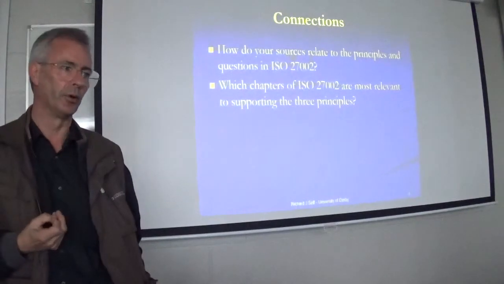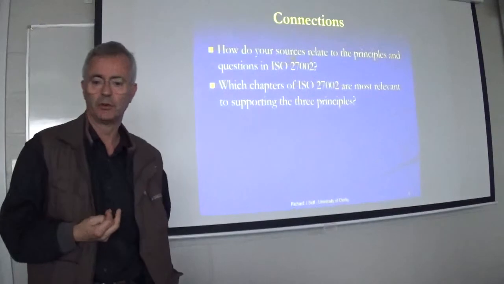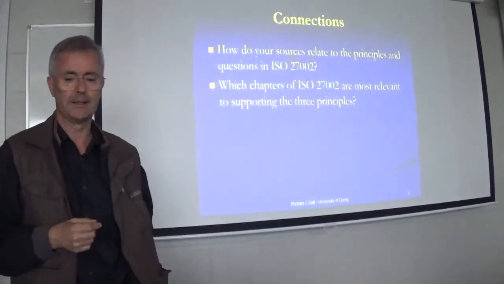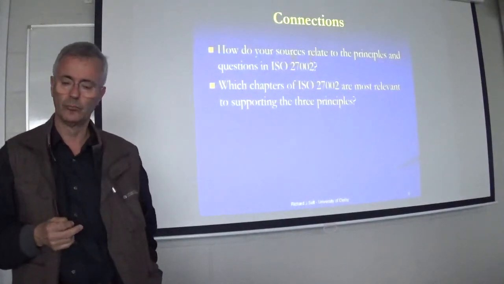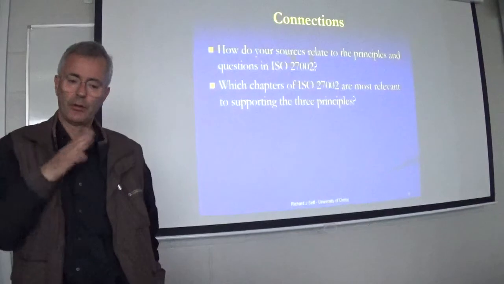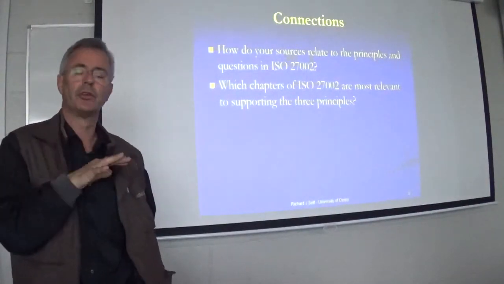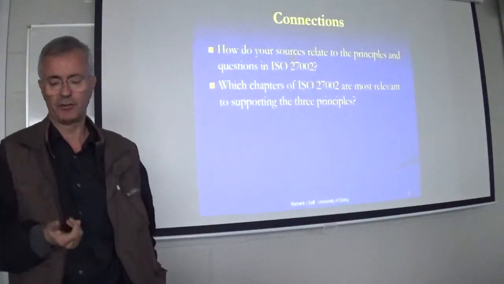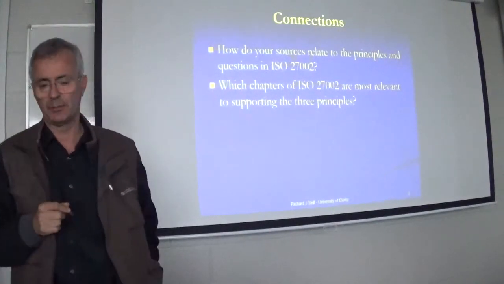So download a copy of it from BSOL, and you'll just have to search for 27002 in the little search box there in British Standards Online, and then you'll be able to download it. So first part of the research is find those sources on the CIA, and then get yourself a copy of 27002, and then look at the various chapters.